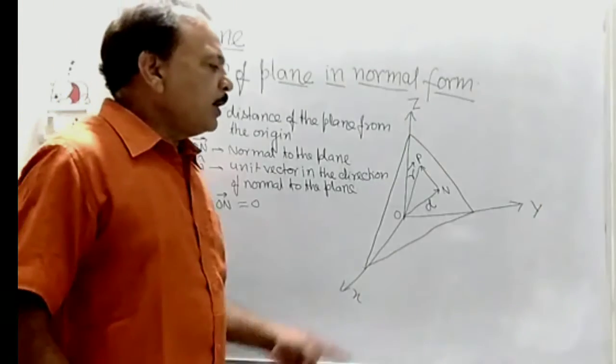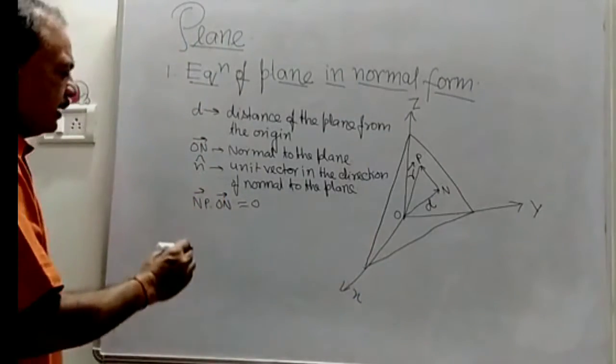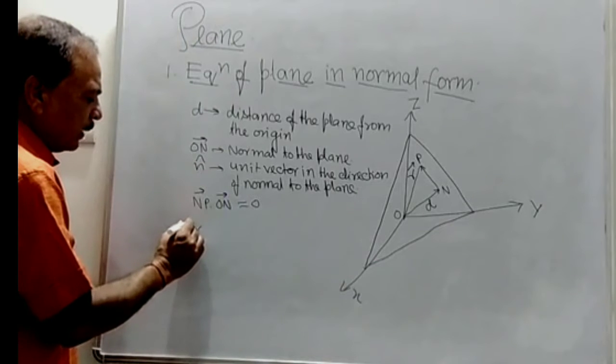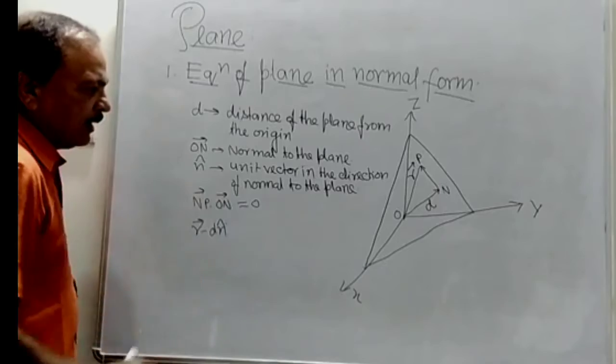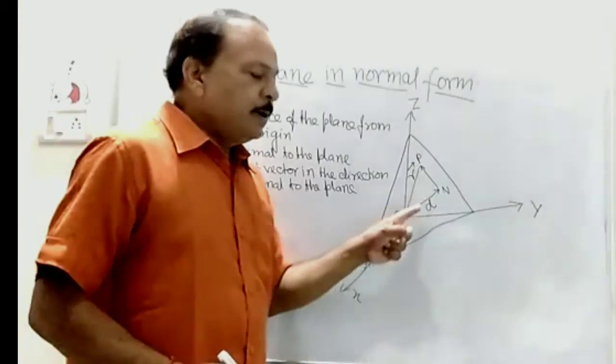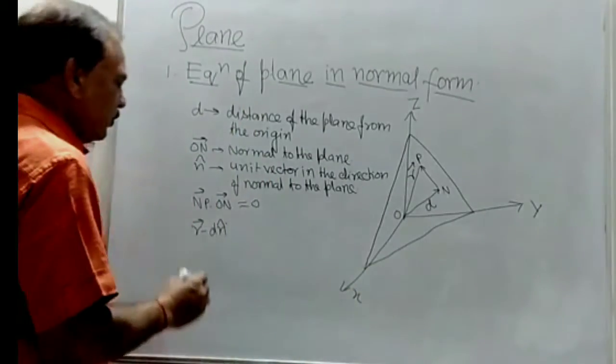NP is what? Vector r minus d n, where unit vector n, d n is in the direction of ON.